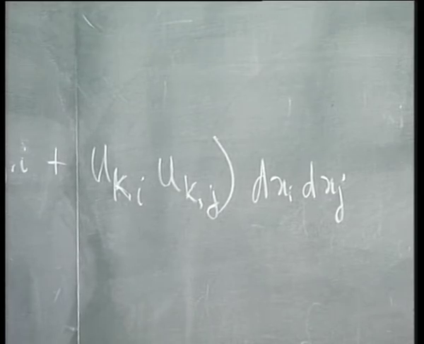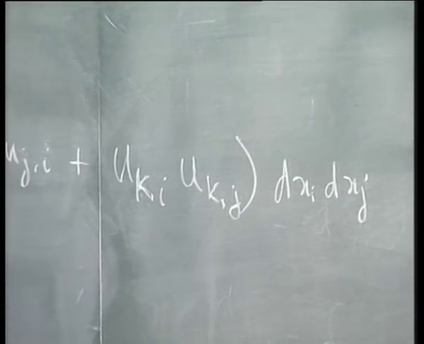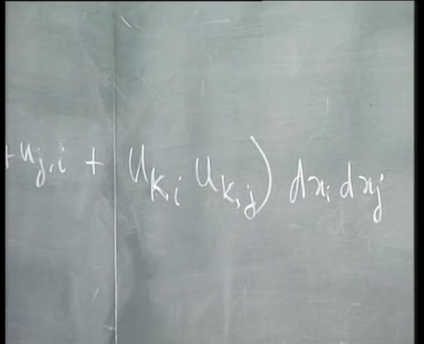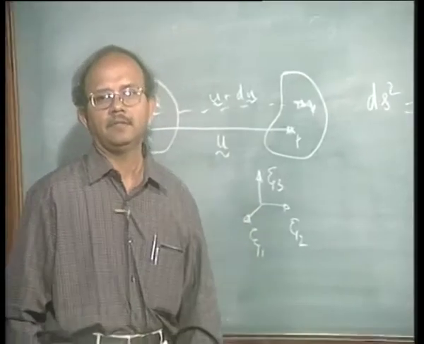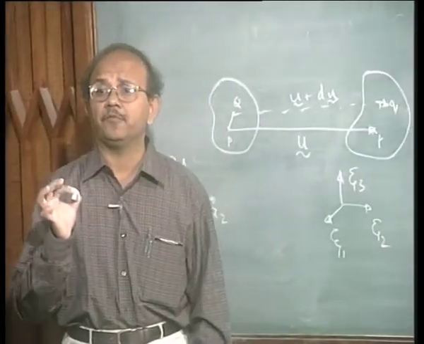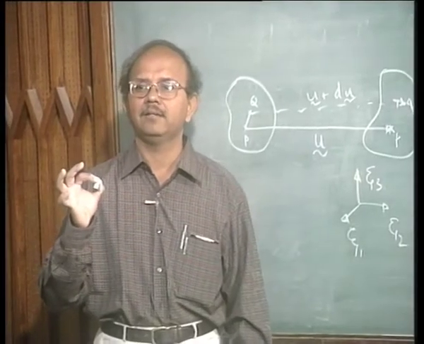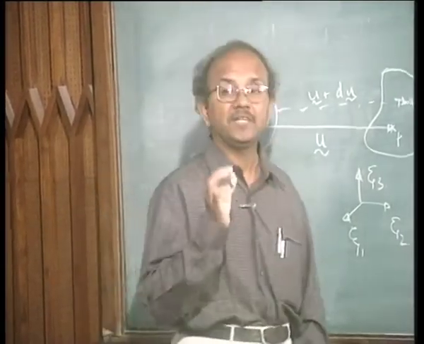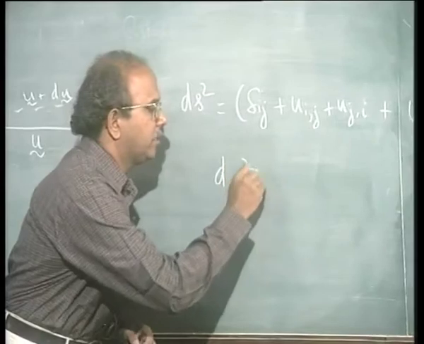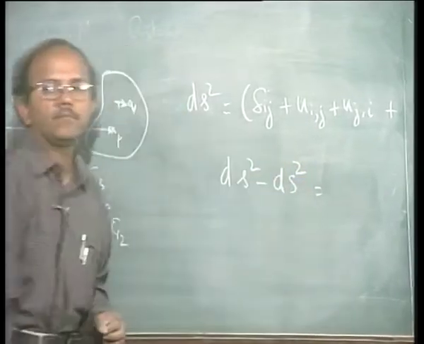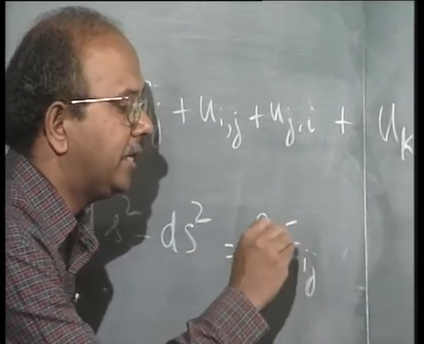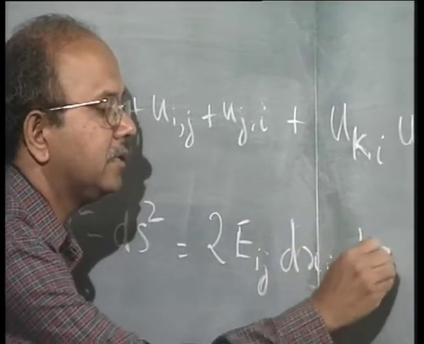I hope all of you remember what is d capital S squared. What is d capital S squared? dxi dxi, which is delta ij dxi dxj. So, that is the first term. Okay. Now, let me note this carefully. Let me define a strain tensor which is given by ds squared minus d capital S squared is equal to 2 Eij dxi dxj.